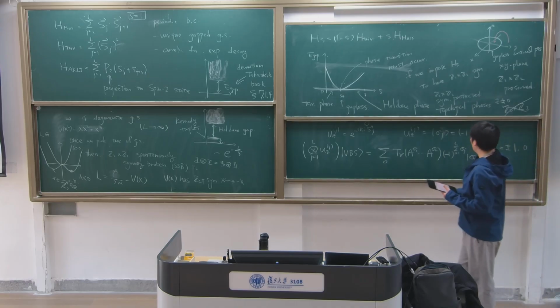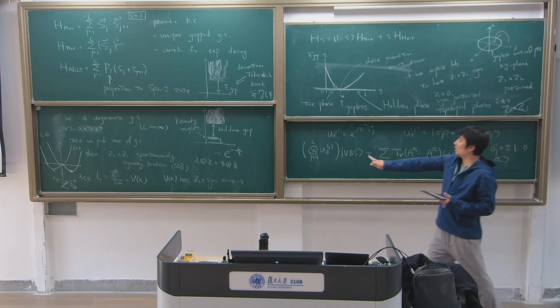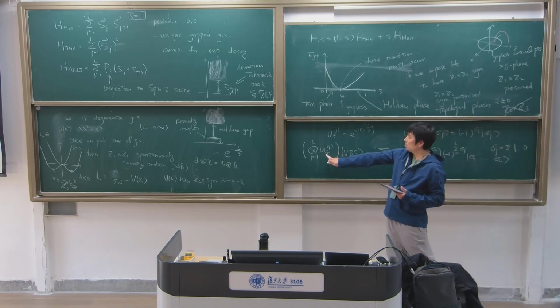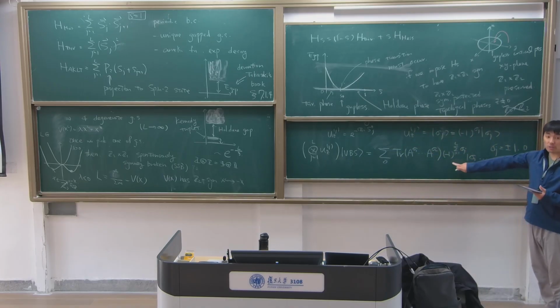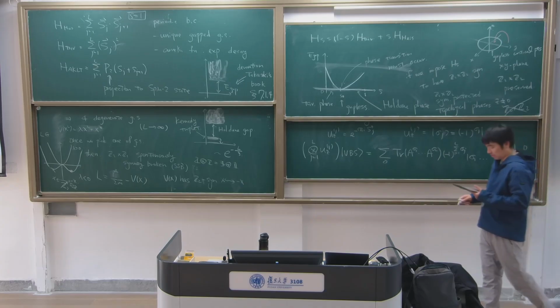But we can just transform. Each pi rotation acts on each site, which will give you this state with a factor of minus 1 to the sigma.